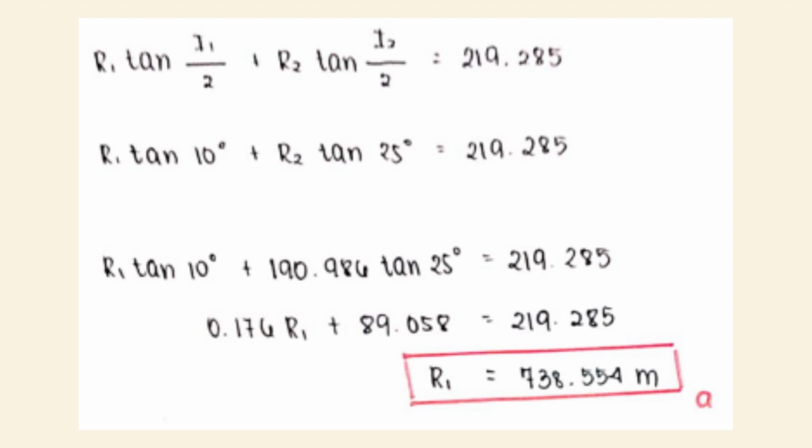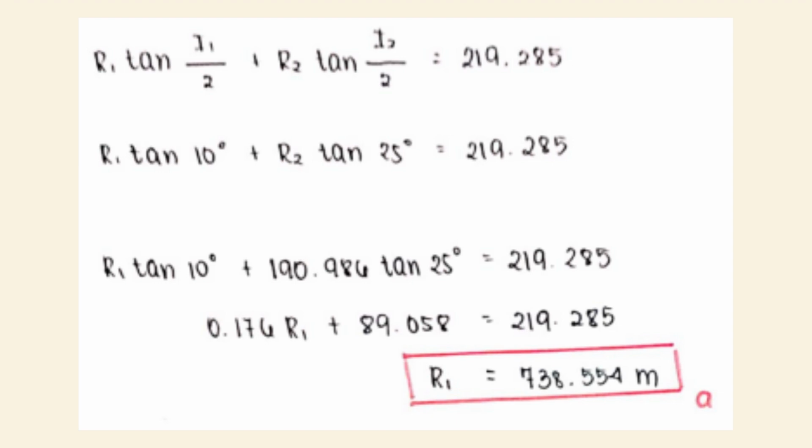Substituting the values that we have, R sub 1 tangent 10 degrees plus R sub 2 tangent 25 degrees equals 219.285. We have R sub 1 tangent 10 degrees plus 190.986 tangent 25 degrees equals 219.285.